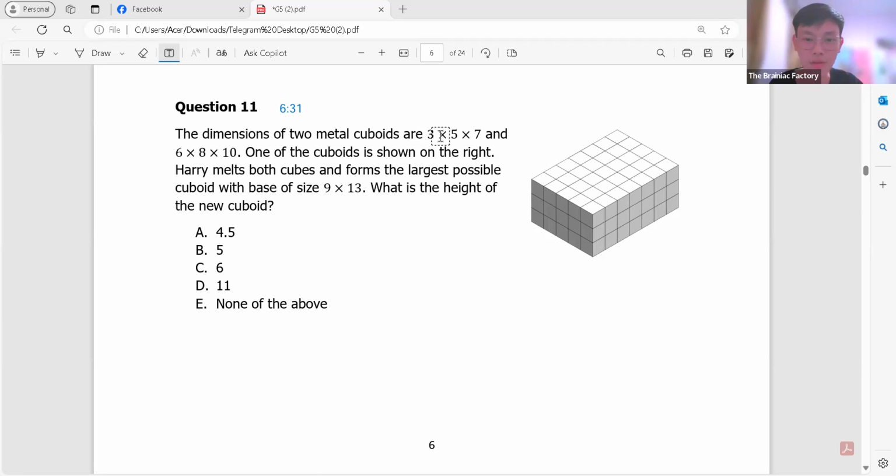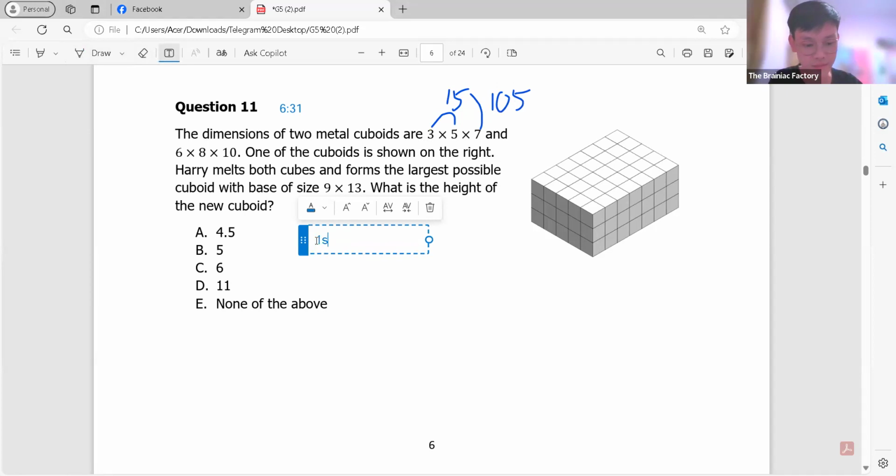So for the volume of the cuboid, we're doing the multiplication of all the dimensions, so 3 times 5 is giving us 15, and 15 times 7 is giving us 105. So the first cuboid is 105.